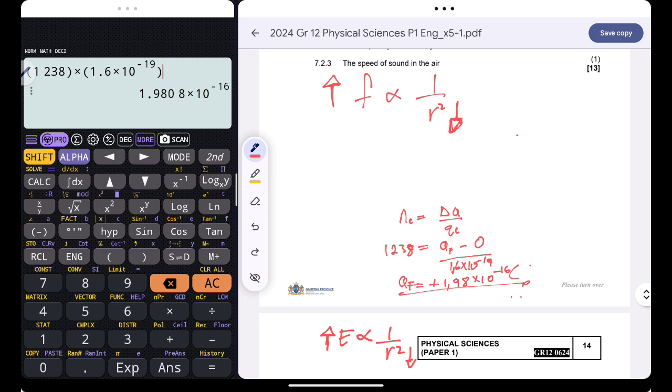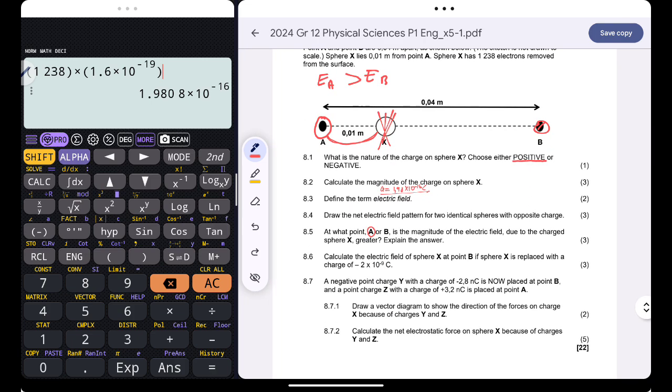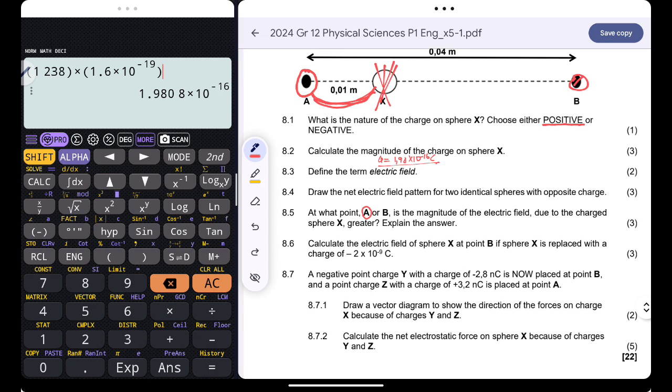And I know that electric field is equal to the electrostatic force divided by the point charge. So it simply means that electric field is directly proportional to the force. By decreasing the distance, you are increasing the force. If you increase the force, you are also increasing the electric field at a point. So the one with the shorter distance, guys, will have a greater electric field.